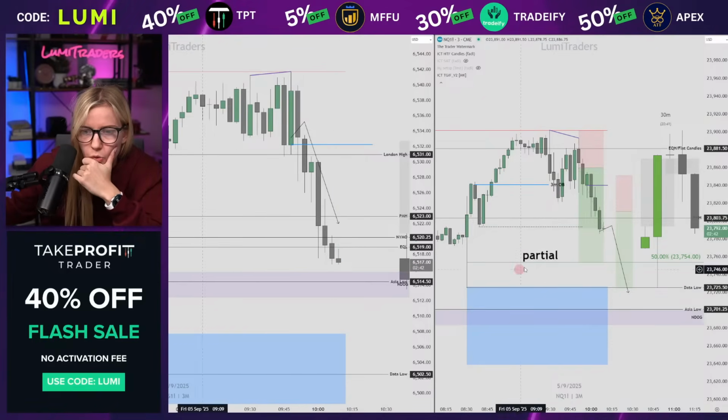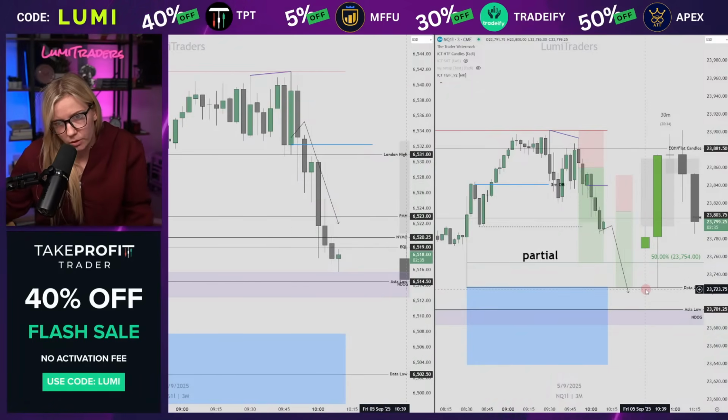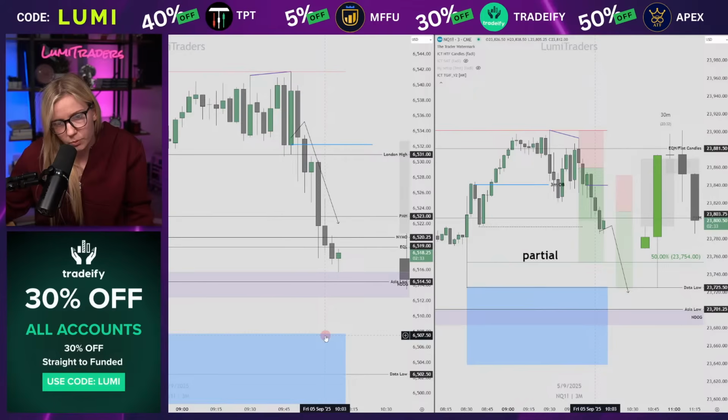Scalp 1R to this 50% of the 3-minute wick, and then data low as the final target. So if it's going to displace right now on ES, we should go immediately to this TGIF, I believe.